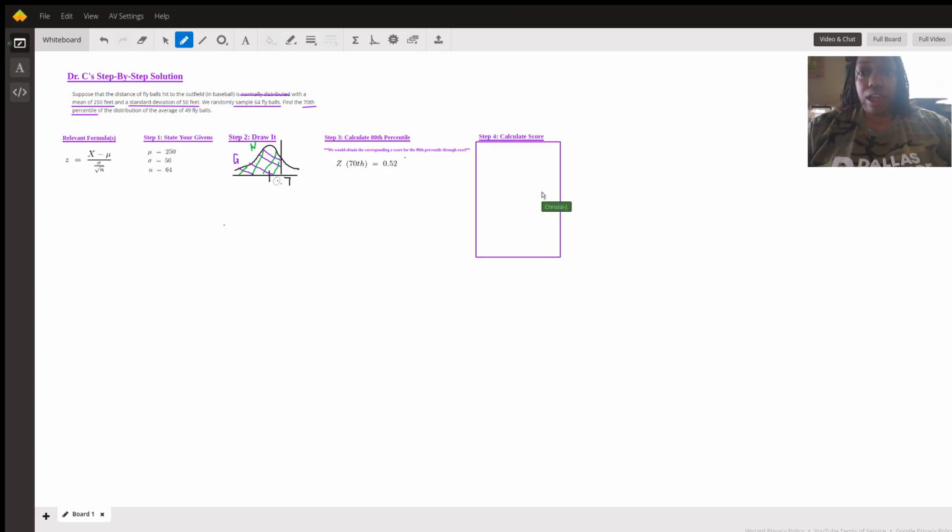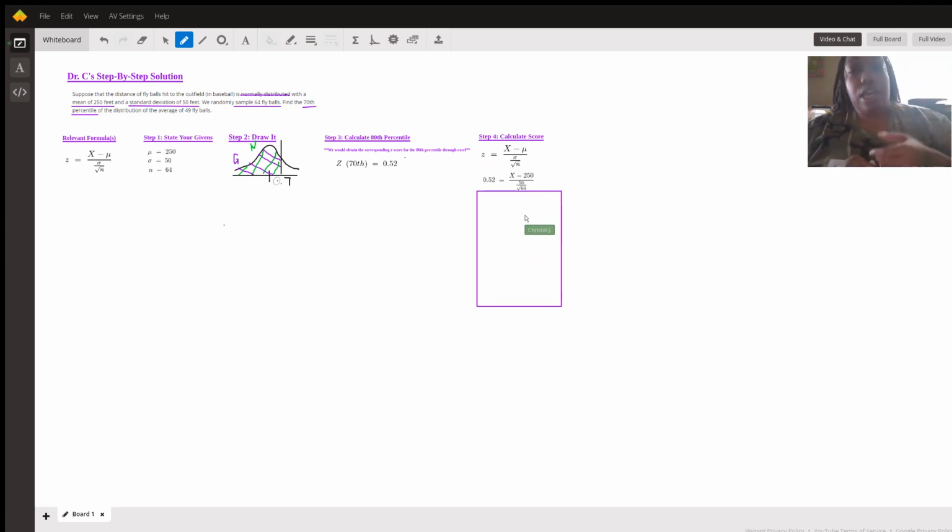Now that we've done that, we're going to calculate our actual score of what's needed. Again, let's remind ourselves of the actual formula and fill in everything that we have. According to our givens, we have the z-score of 0.52, the population mean of 250, the population standard deviation of 50, and a sample size of 64.